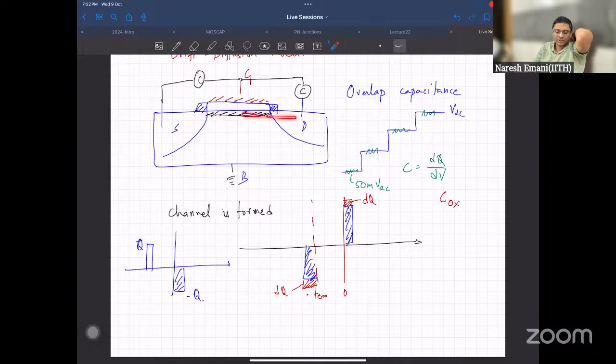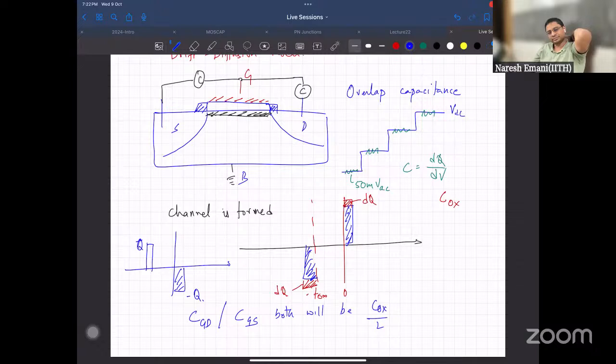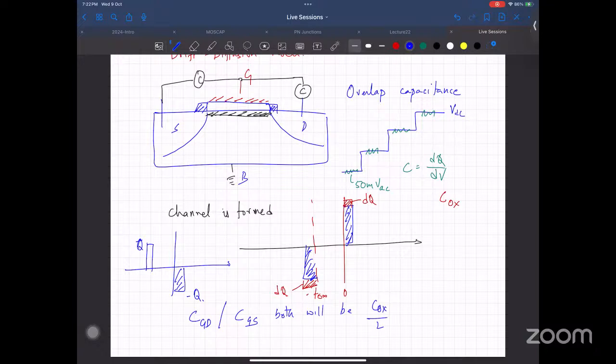There's no reason why only one side it should come. So if you measure the capacitance in the linear region across the gate and the source, or the gate and the drain, CGD or CGS, both will be Cox by 2, because both are equally contributing charges.